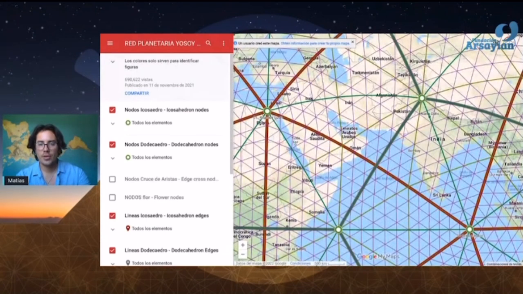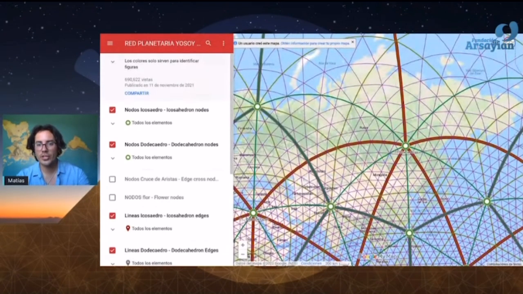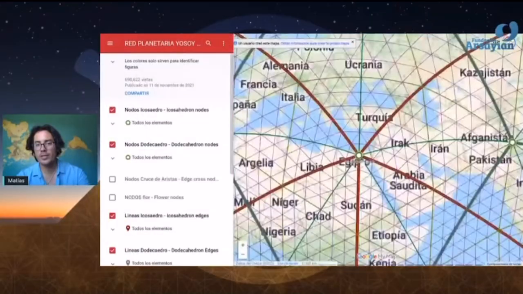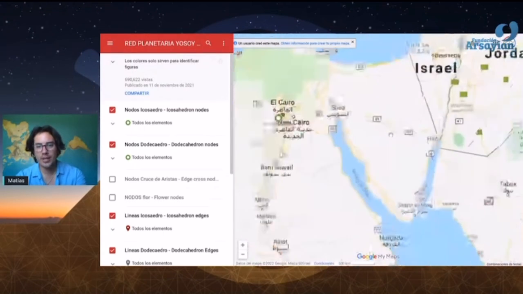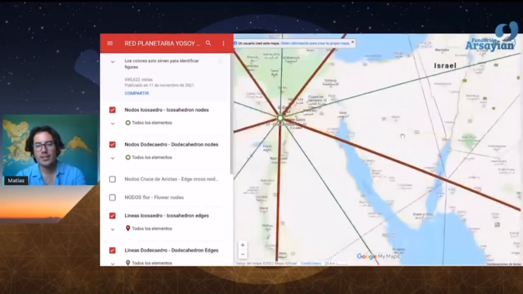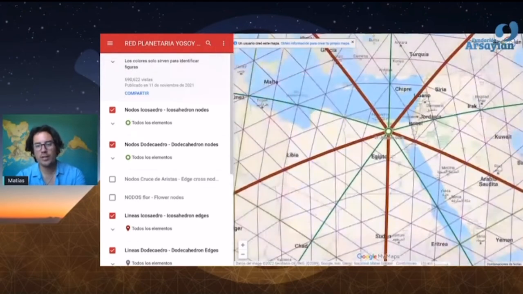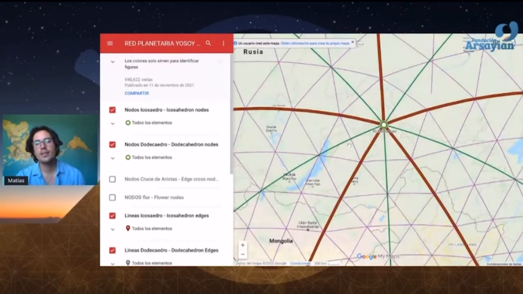Egypt. Then we have here Siberia in Russia. I'm going to mention important lands of the territory. Not the pyramids themselves, but the land here is the one that has the strength. All the territory of Israel and the Sinai Peninsula is the strength of the node, the telluric information. The same thing happens here in Siberia.